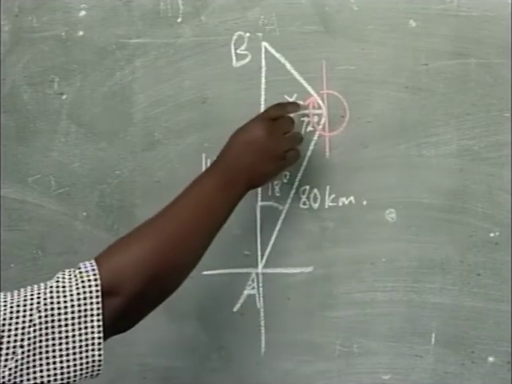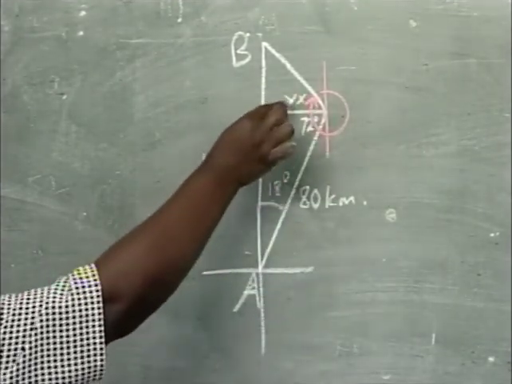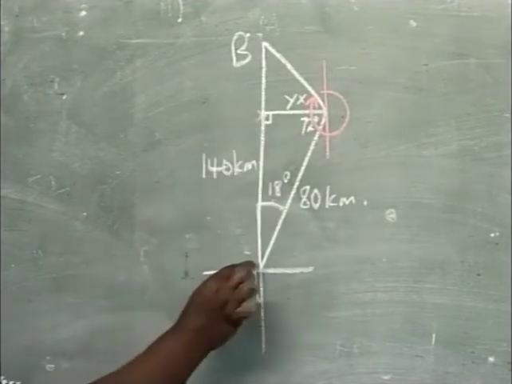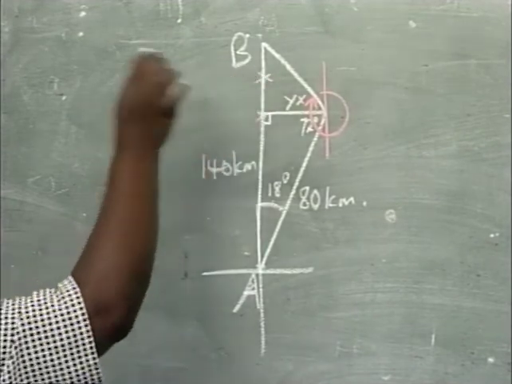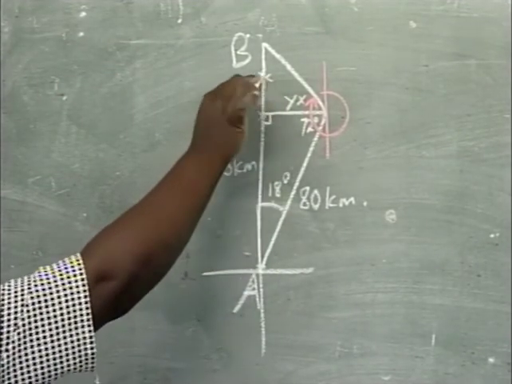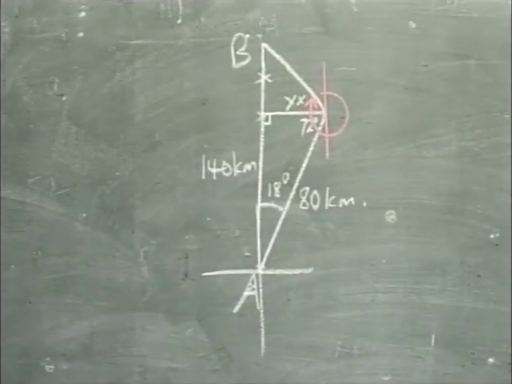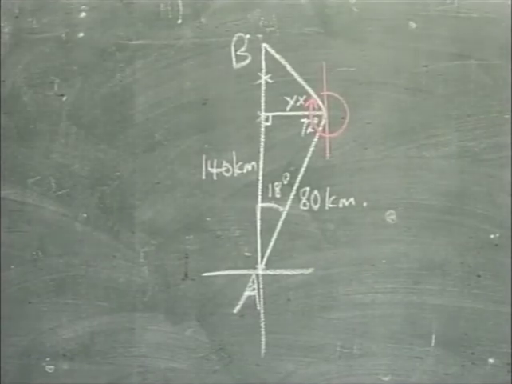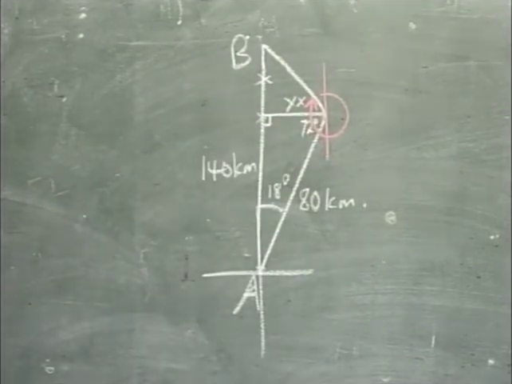All you have to do is to know this angle here. You can find the distance from here to here, subtract that from 140, and you will get this one. You can then use this length and this one to find the angle, and you just add that to 270 degrees, that will give you the bearing of B from where the plane is.